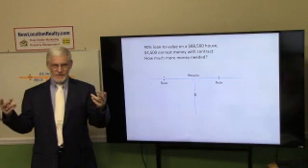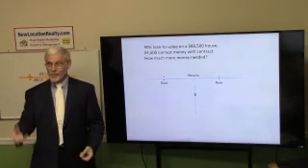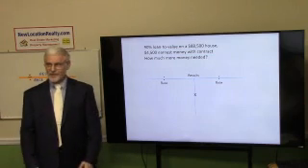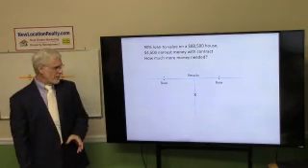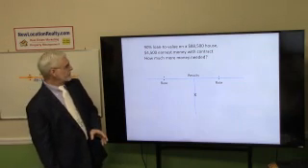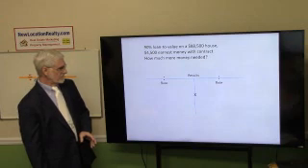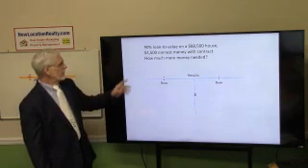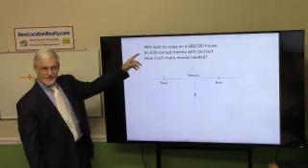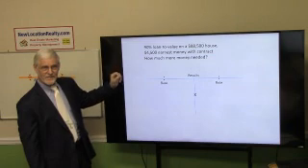This is at least a two-part problem. They're not going to give you just one part to solve. They're going to make you work with something. So what are we going to do first? Minus the earnest money from the 88,500? No, you gotta keep that in there because it's a 90% loan to value.